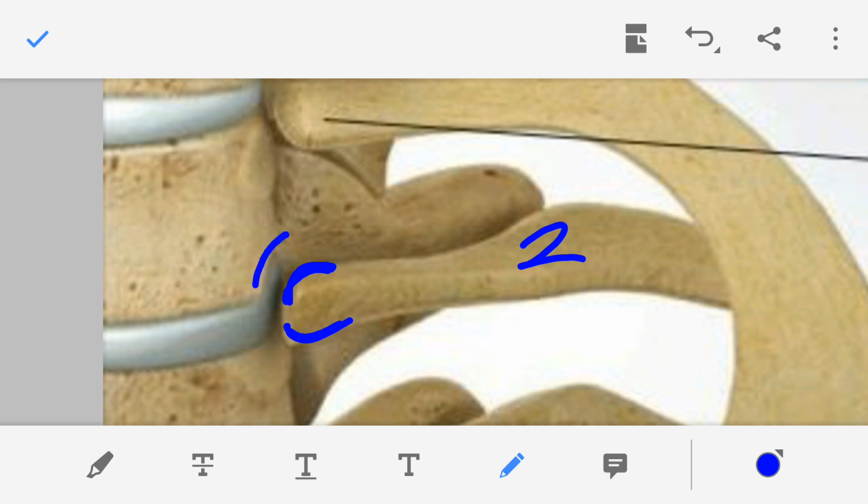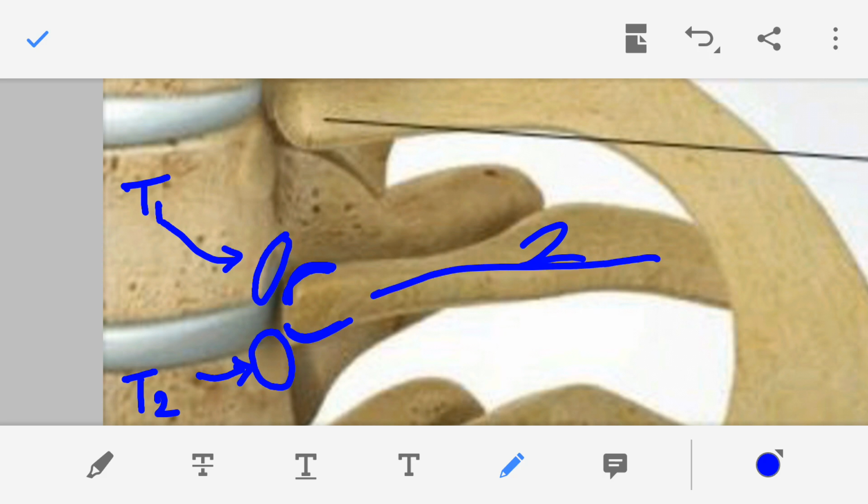This part, inferior demifacet, this is T1, this is T2. This part, this one is the superior demifacet of T2.